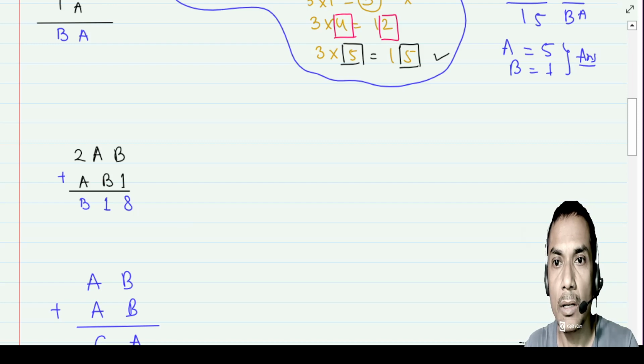For example, for this kind of question, you have to find out where one of the alphabets can be confirmed by the relation given. Okay, so look at this.